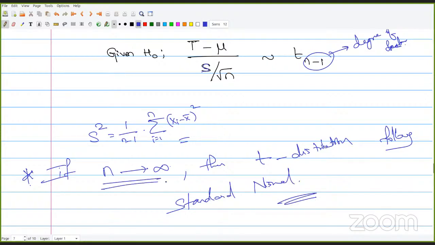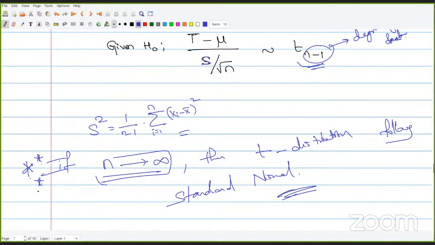So if your degrees of freedom is going to infinity, then this particular t distribution will follow standard normal. You can connect the t distribution with the standard normal distribution in this way.